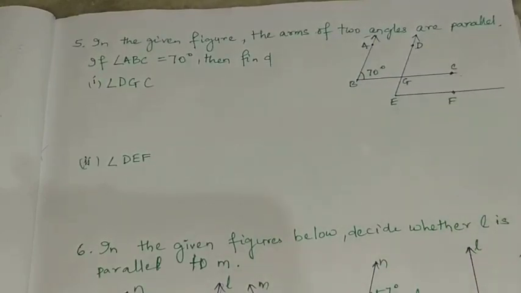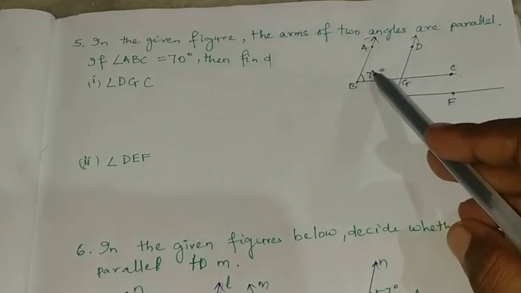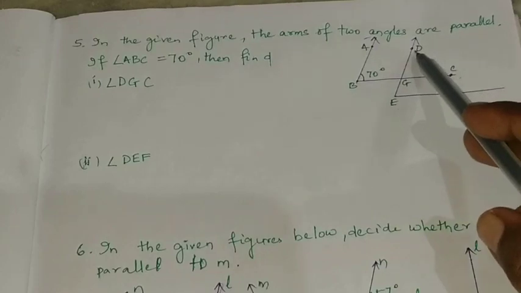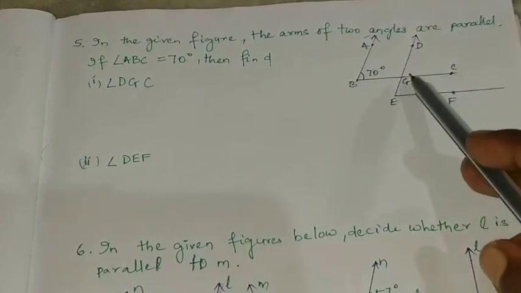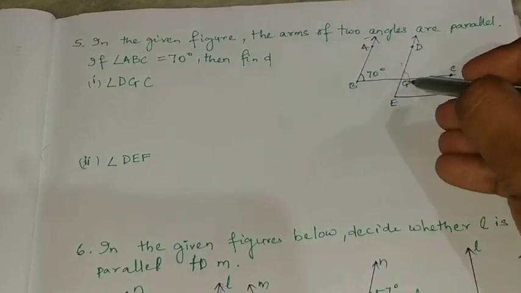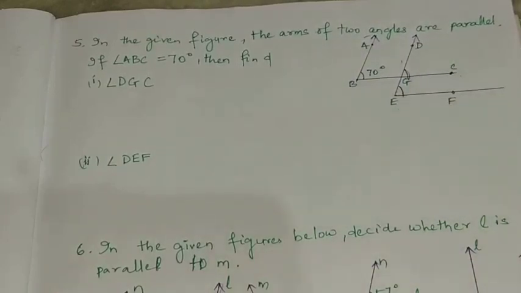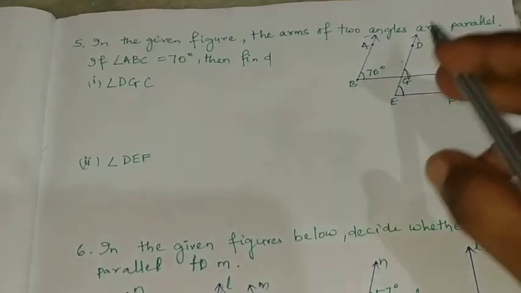We have to find, if angle ABC is 70 degree, then find out DGC and DEF. So first we'll find out angle DGC.